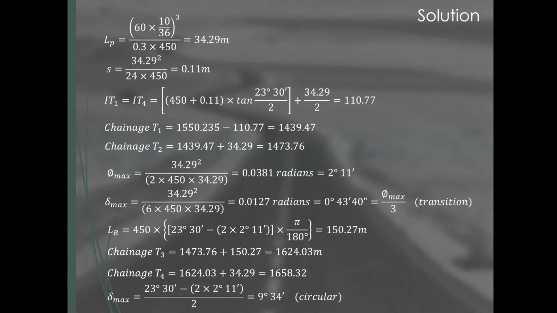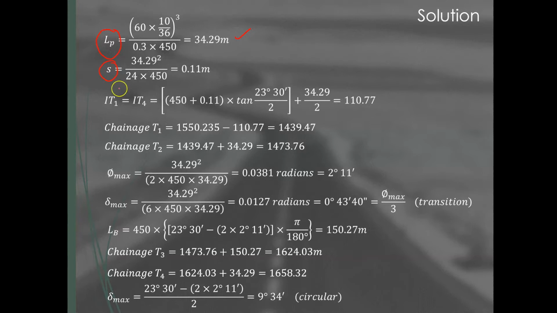Okay, what are the things? We need to know the length of the transition, which in this case is 34.29. S, the shift. Remember that we have to move the circular curve from its original position so that we can fit in the transition curve at both ends.